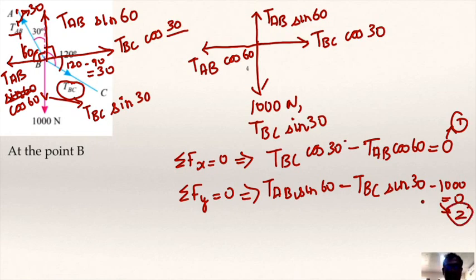Now you have two equations and two unknowns, one is TBC and another is TAB, and then you can solve it, right? But please make a note that when you are going to solve this particular problem using the calculator, wherein you will be going for the equation mode and then typing it in, guaranteed you're going to have a math error.